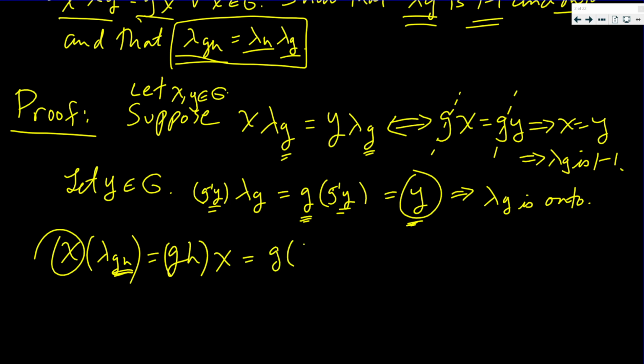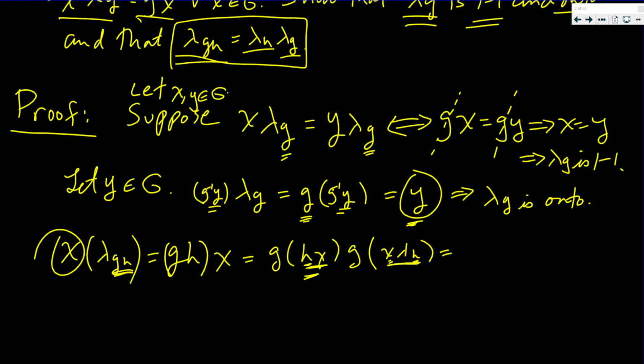But that's g times hx. Ooh, I'm multiplying on the left by h. So this is x composed with lambda h, because I multiplied on the left of x by h. That's what it says here.